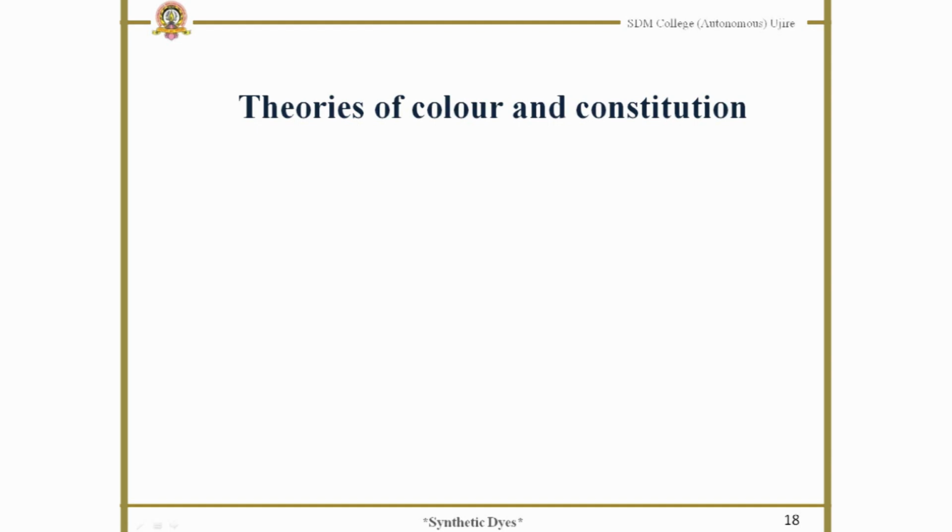Is it possible to explain the relationship between color and constitution? If you ask, yes, definitely it is possible to explain the relationship between the color and constitution. There are two theories to explain the color and constitution.